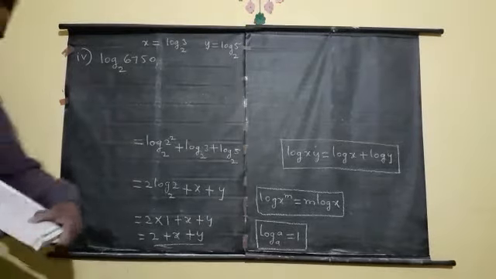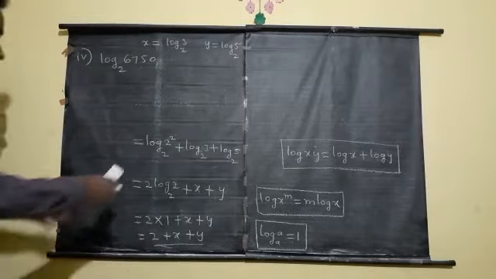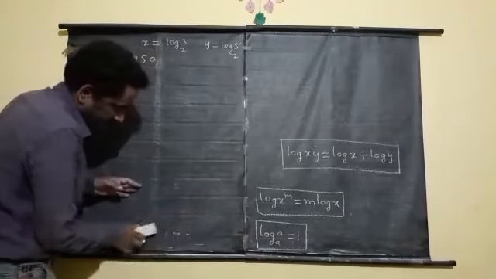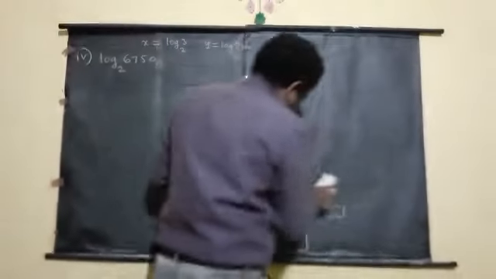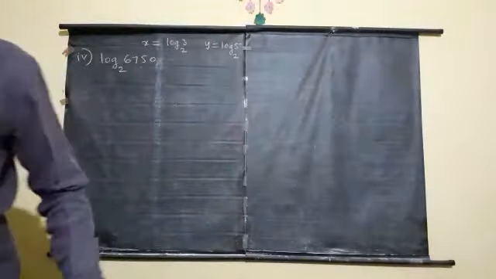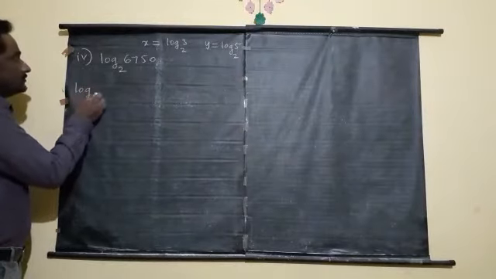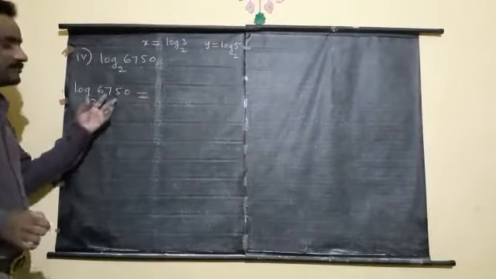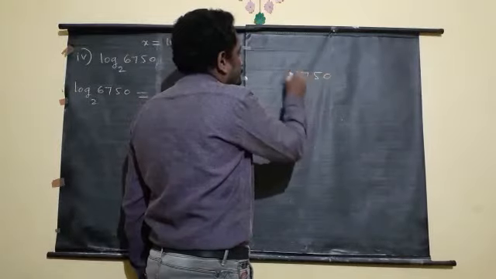Log 6750 base 2. We find the prime factors of 6750.